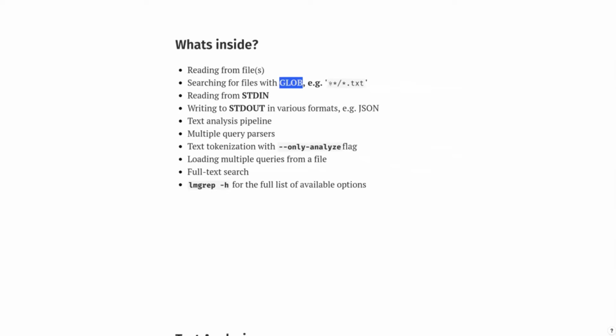A glob pattern is such a thing like in this example here, in all the descending folders where the suffix of a file name is .txt. It knows how to read the text from the standard input. It knows how to write the output of a search into standard output in various formats, which we'll see later on. For example, it can write the output in JSON.